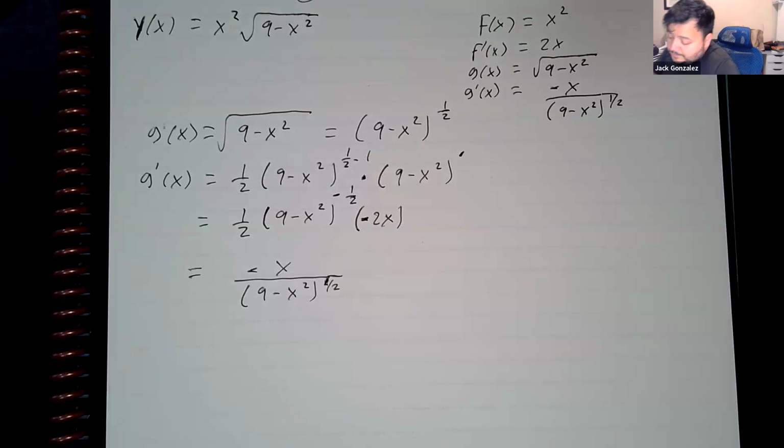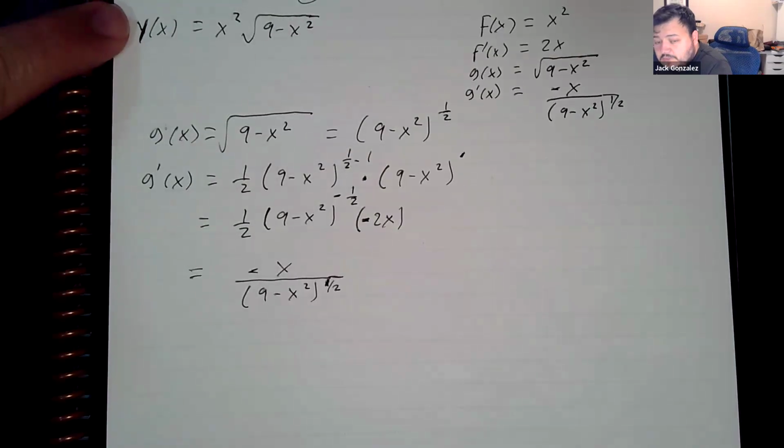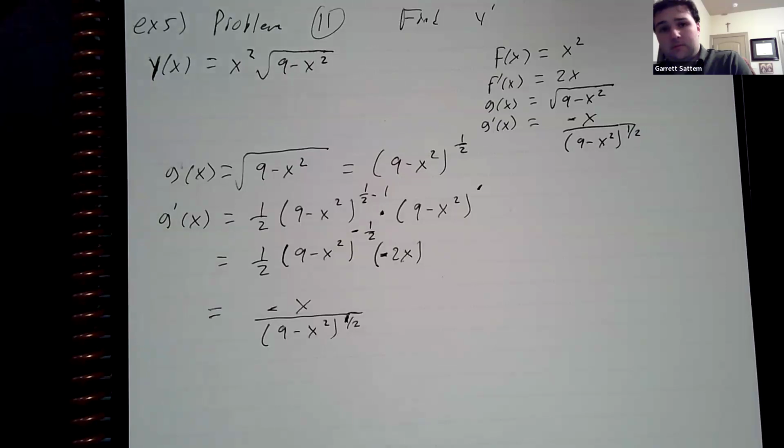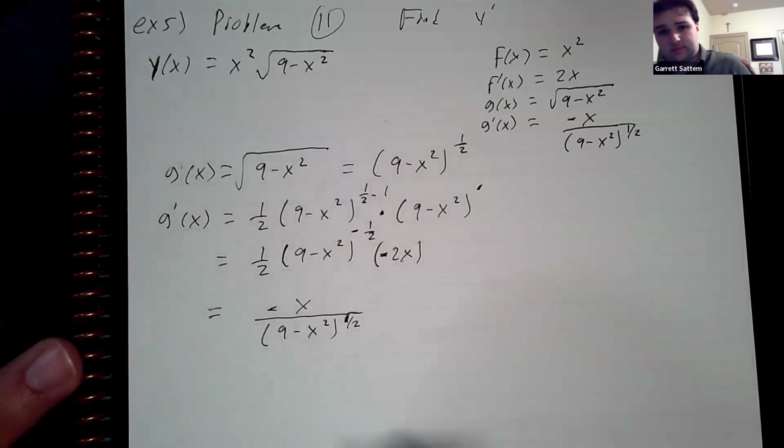All right. Any questions on finding the derivative for G? Because the G required a chain rule. Yeah, chain rule. We haven't done the actual question yet. No questions. All right.